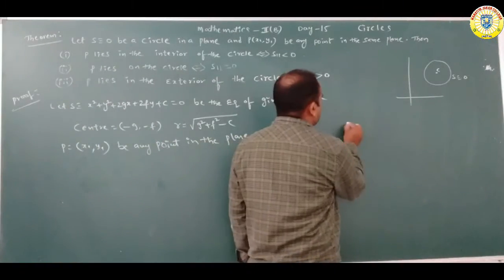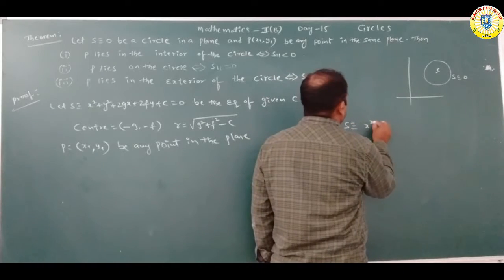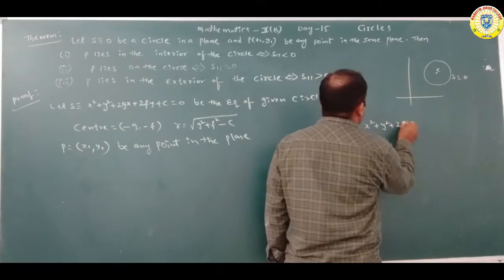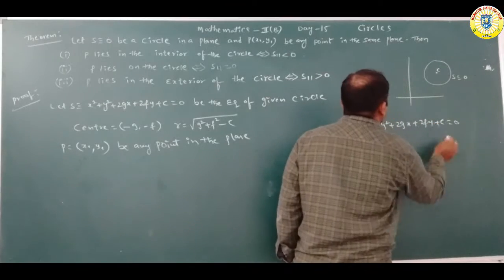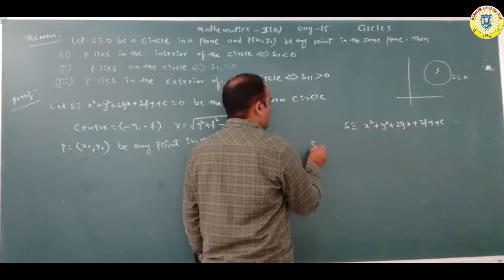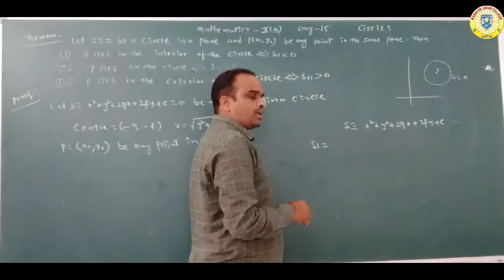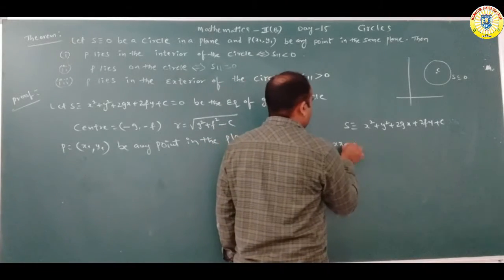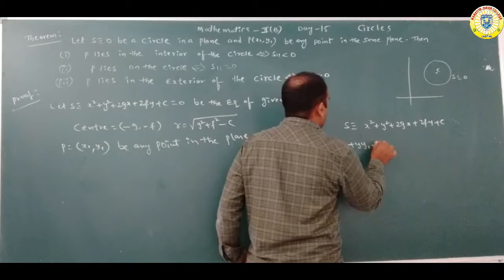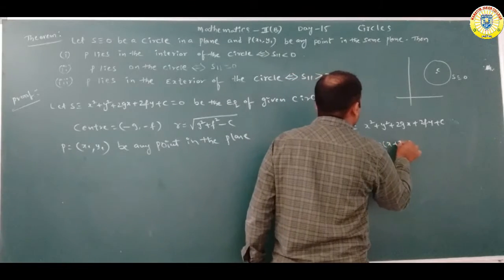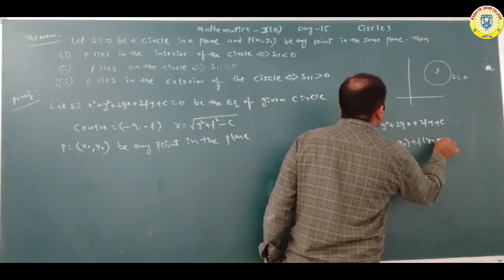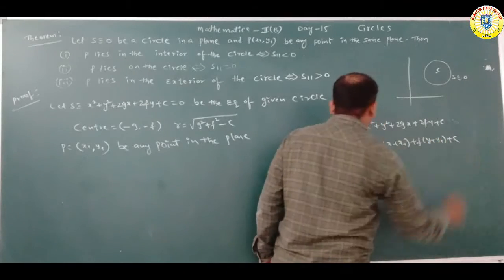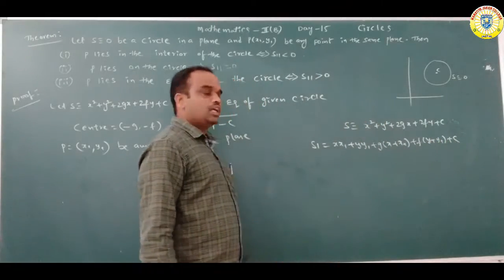Already last class we discussed the notation. Here S is equal to x square plus y square plus 2gx plus 2fy plus c. So we are applying the notation to S1. S1 is equal to x1 square plus y1 square plus 2g x1 plus 2f y1 plus c. This is the notation of which one, sir? S1.